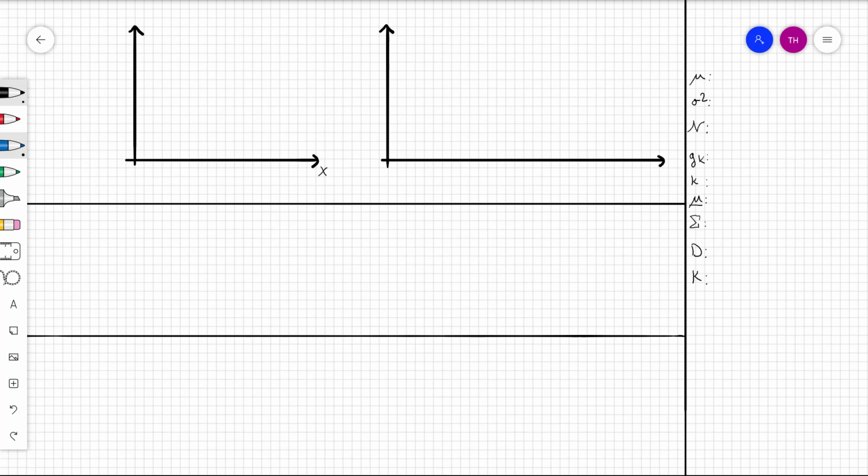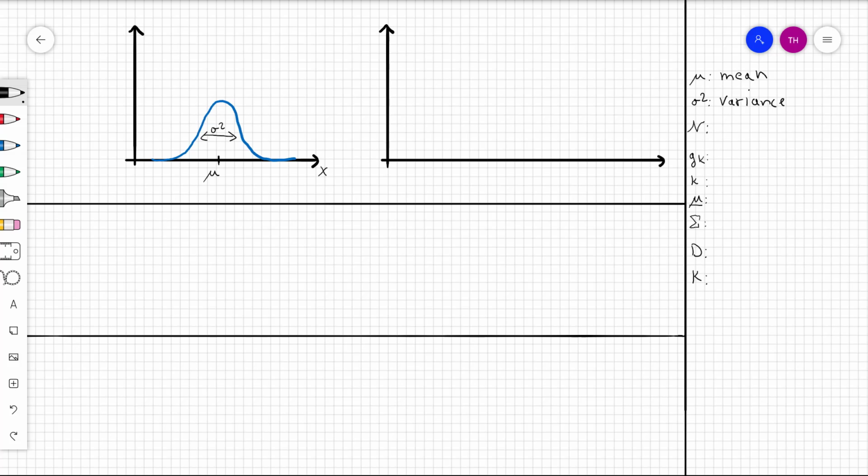I would first like to look at a regular Gaussian, a normal distribution. This one usually looks like this, and it's defined by mu, which is the mean value, and by the width, which can be expressed by the variance sigma squared. So sigma squared is the variance.